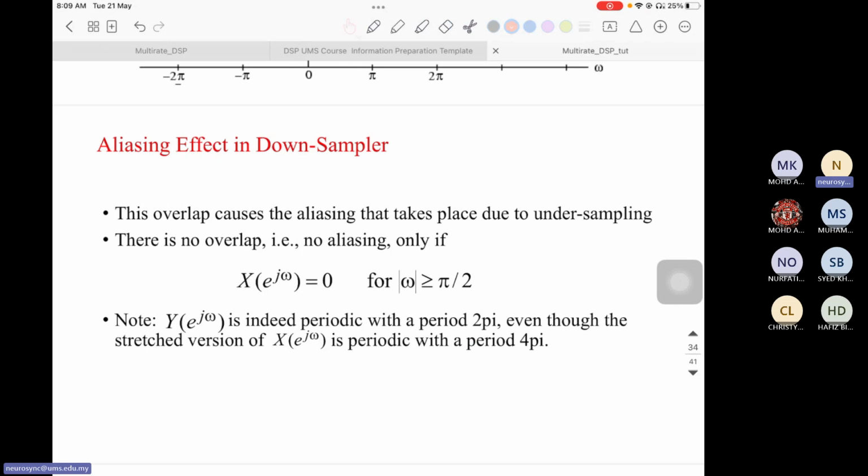There is overlap. Why? Because of undersampling. Due to undersampling, there is an aliasing effect.